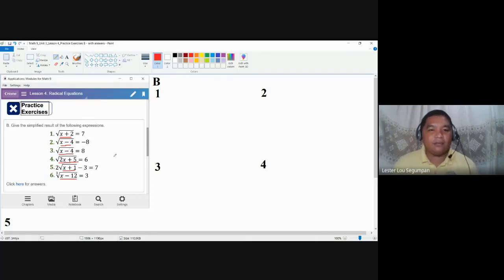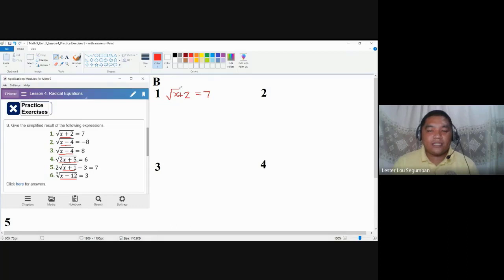Let's try to take number one. Square root of x plus 2 equals 7. In the previous video, we had a similar example wherein the integer 2 is not part of the radicand, and then we could automatically apply the properties of equality by subtracting both sides by 2 to omit it. That was for the previous video because we only had a monomial term.